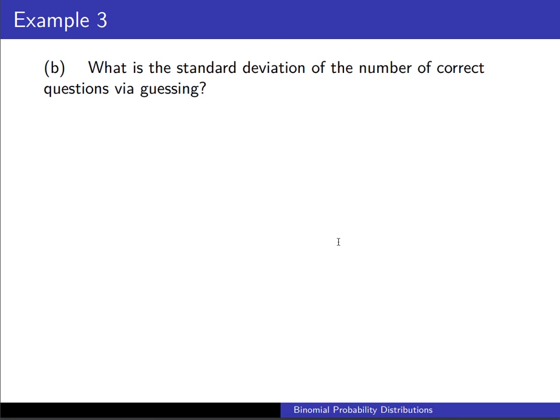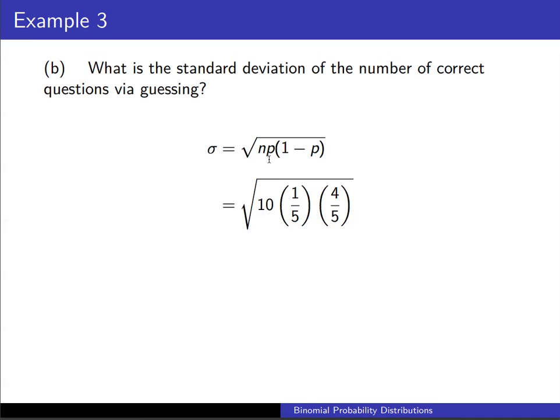That is not easy for me to say. So, all right, standard deviation is the square root of variance, which is really easy to calculate if you've already calculated your mean. So we had 10 times 1/5 as the mean, and then if we have a 1 out of 5 chance of getting the question right, that means we have a 4 out of 5 chance of not getting it right, which, hopefully, the student here is doing well in other stuff in the class.